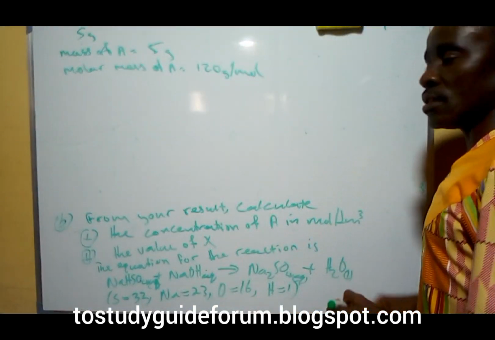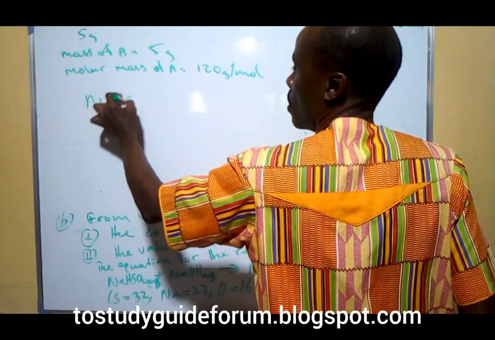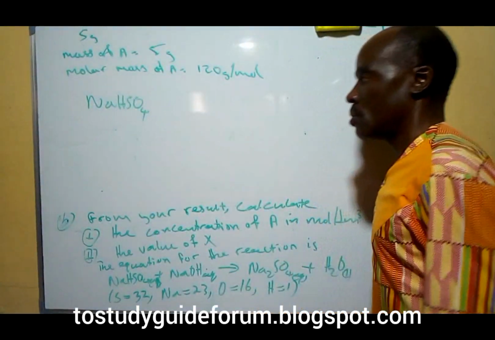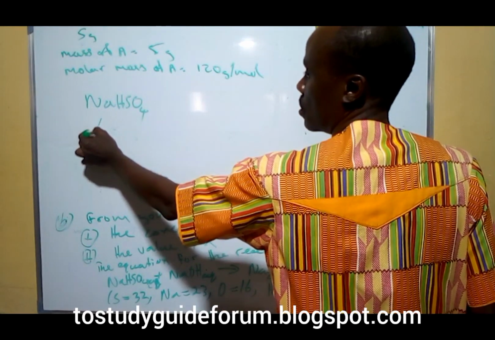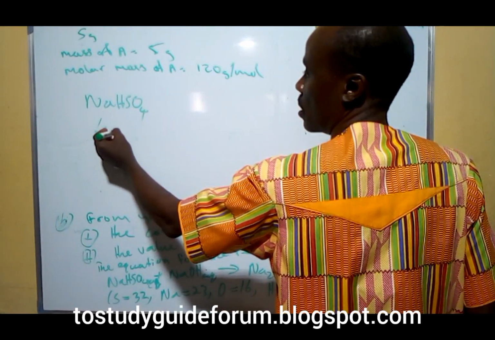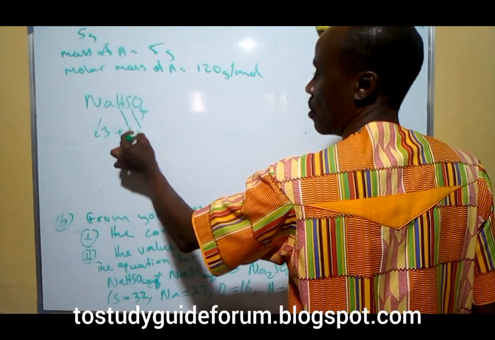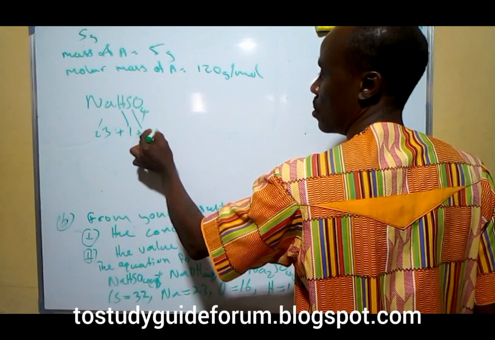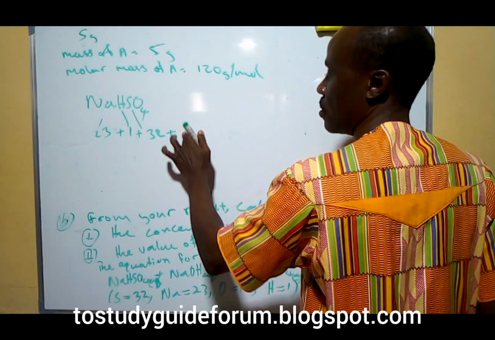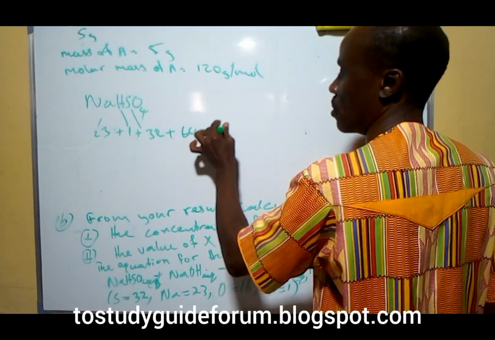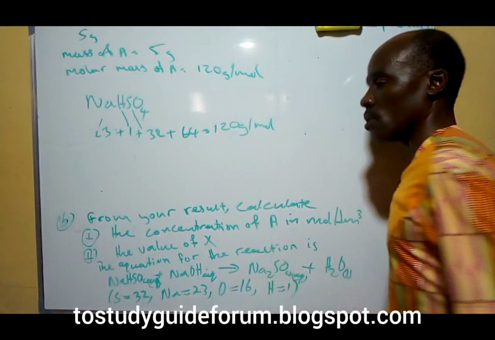How do I get this? Sodium is 23 plus hydrogen plus sulfur, which is 32, plus 4 times 16, which is 64. All of them give us 120 gram per mole. That's how we got that.